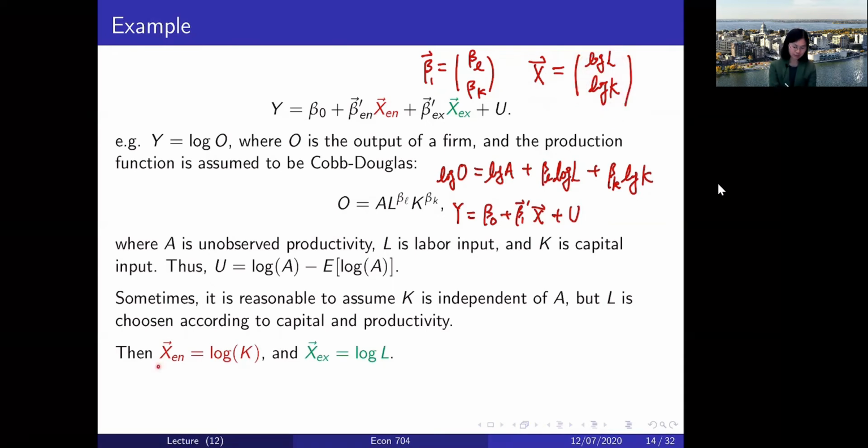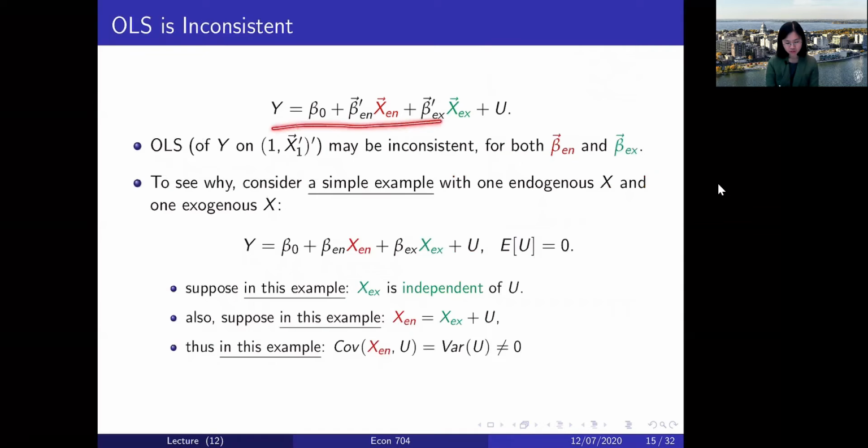So we can let the endogenous x vector be the one-dimensional vector formed by log L, and the exogenous x vector be the one-dimensional vector log K. So that's an example of a causal model with multiple causal variables, some of which are exogenous and some of which are endogenous.